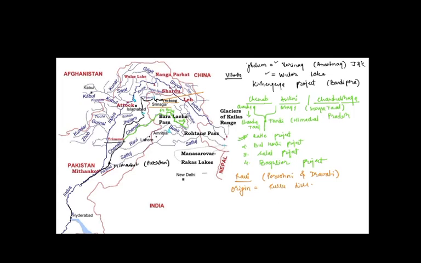This is where Ravi originates from Kulu Hills, passes through Pir Panjal mountain ranges and Dhauladhar mountain ranges, crosses the India-Pakistan border, enters into Pakistan, flows through Lahore, and then joins Chenab. It is joining Chenab in Pakistan. And if we talk about important projects which are on Ravi, the Ranjit Sagar Dam is important.